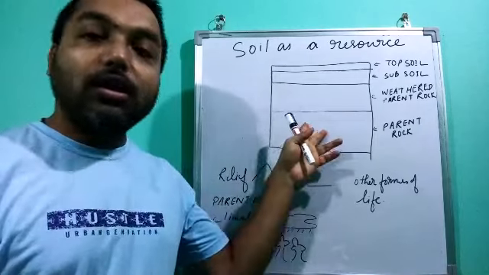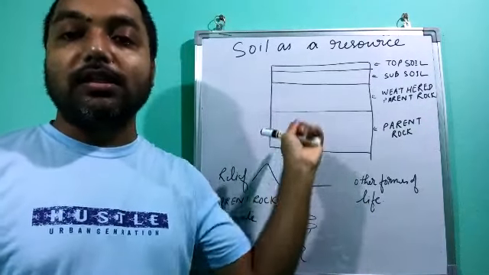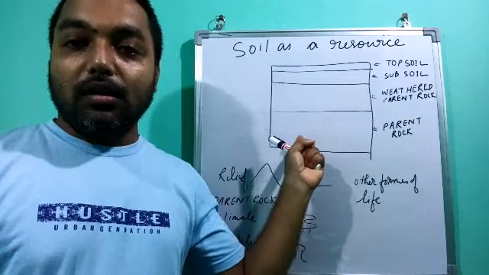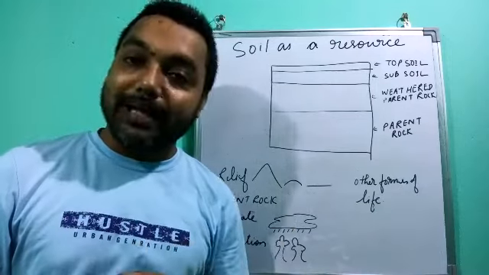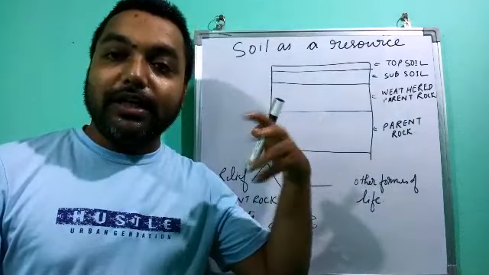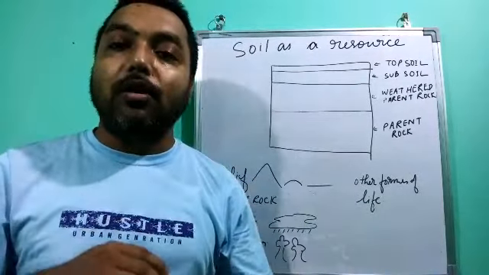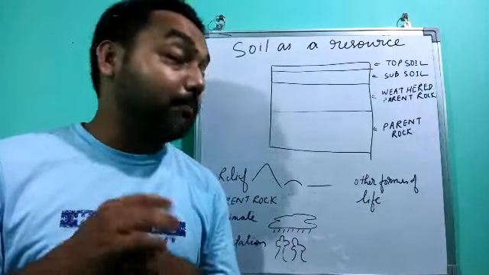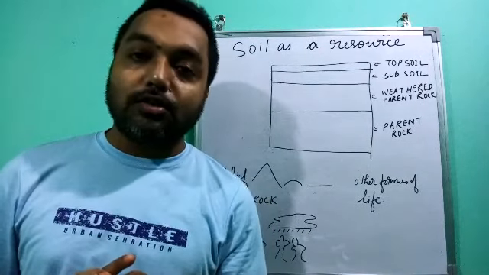From here only, the breaking of the soil started. This part is not yet touched, so it is called parent rock. But when weathering starts from here, it will go up and take different forms. So this is the soil profile.